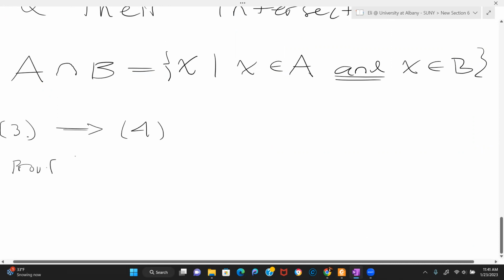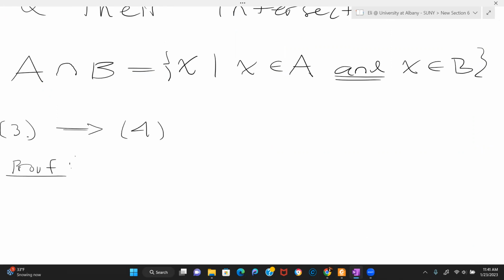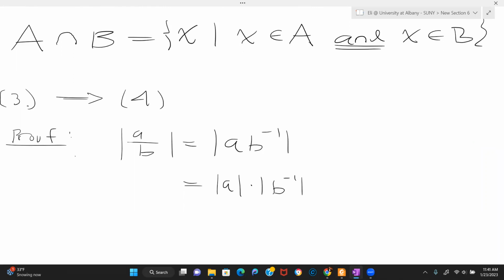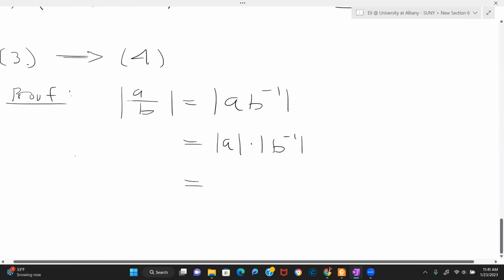So here's the proof. If you assume that 3 is true, you can prove that 4 is true. So it's not that hard. This can be written as this. And then based upon 3, we know that the absolute value splits over this product in this way. And then we can write, well, okay, I'm cheating in one way.